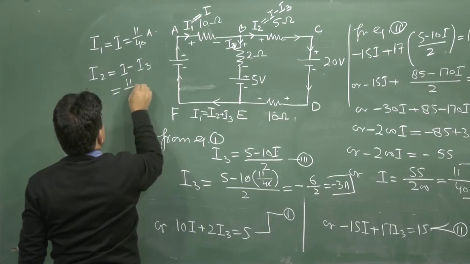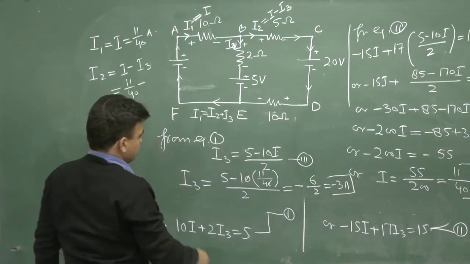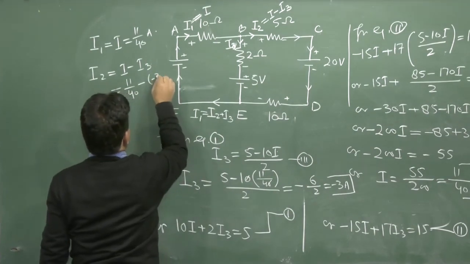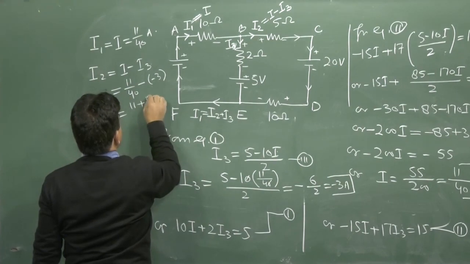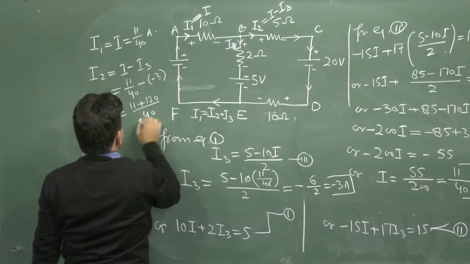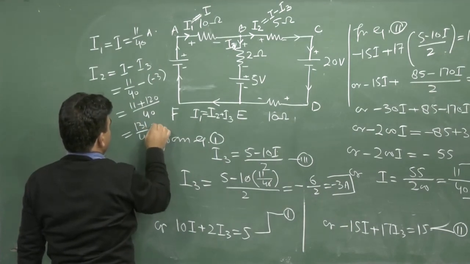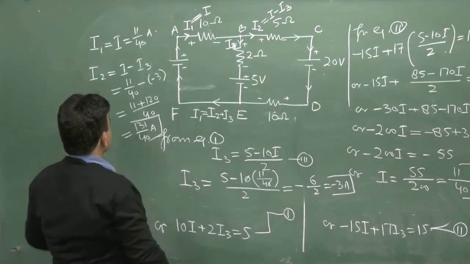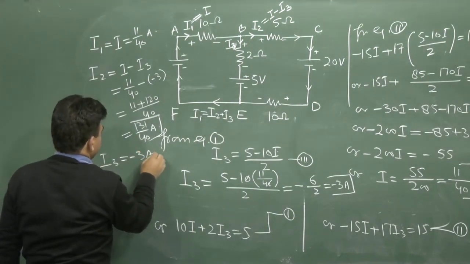I is 11 by 40 minus I3, I3 is minus 3, so it is 11 plus 120 by 40, equal to 131 by 40 amperes. Now I3, its value is minus 3 amperes.